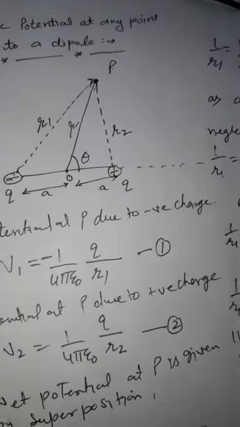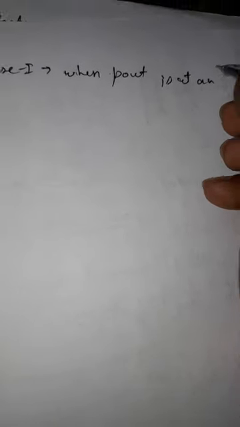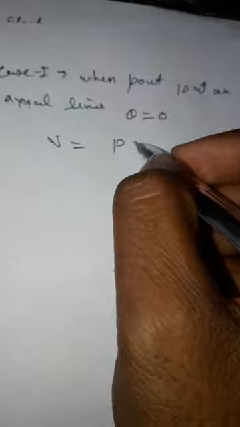So when point P is on the axial line, theta is equal to 0, so V equals p cos 0 upon 4 pi epsilon naught r square.